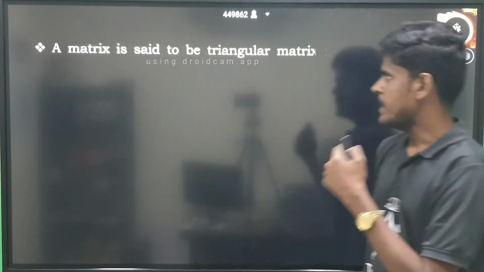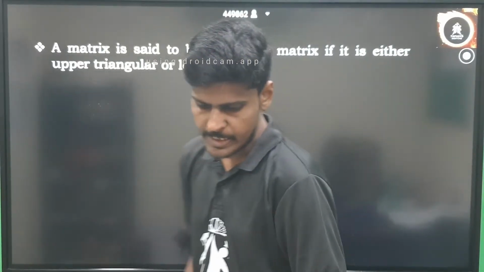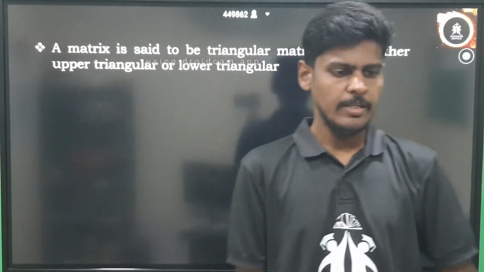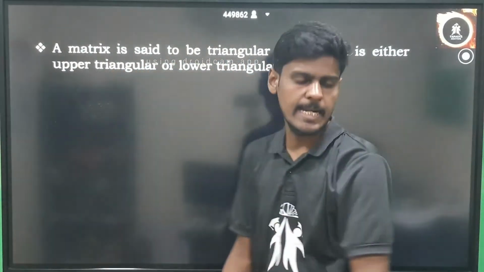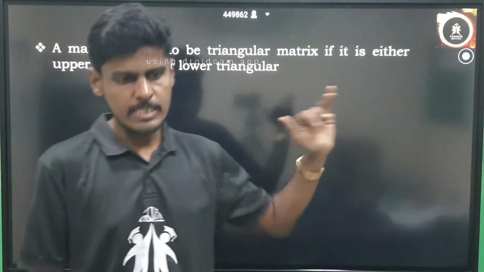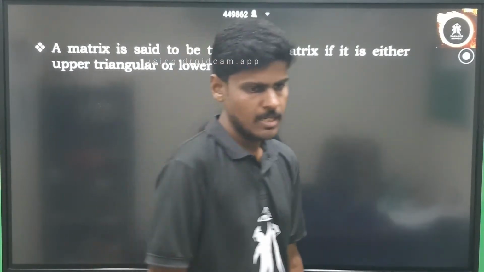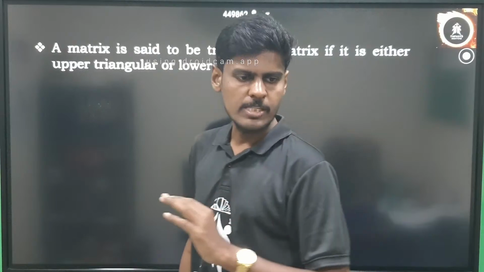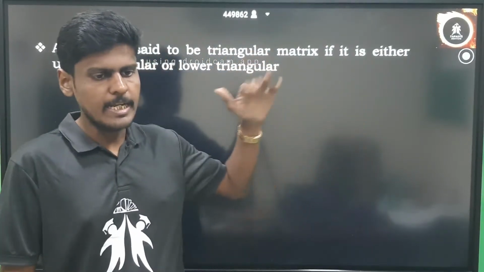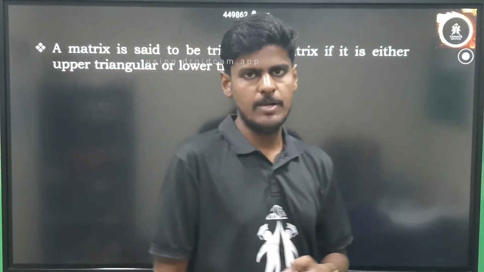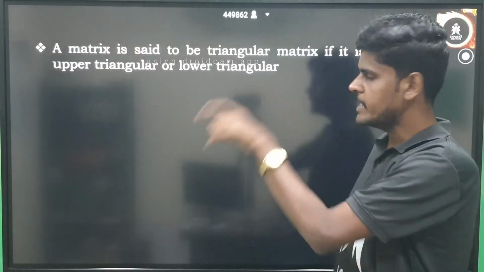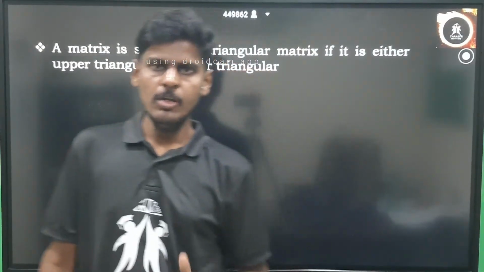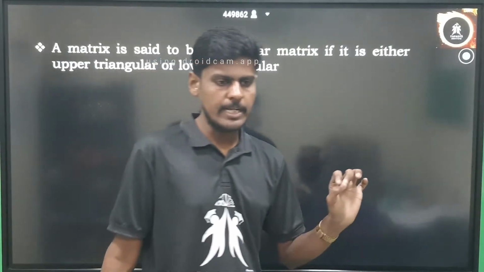Next one, a matrix is said to be a triangular matrix as long as it is either upper triangular or lower triangular. If any one condition is satisfied, we can call that matrix, in general, a triangular matrix. I will again repeat. If either the region above the diagonal or below the diagonal becomes 0, such a matrix is just called a triangular matrix.